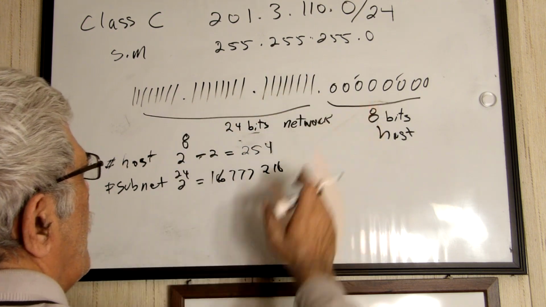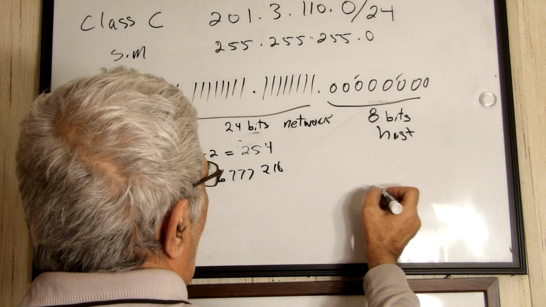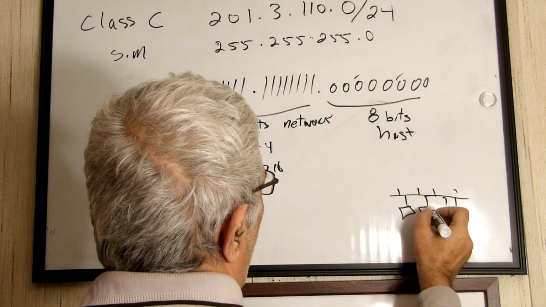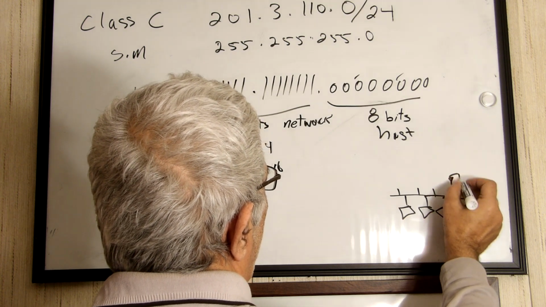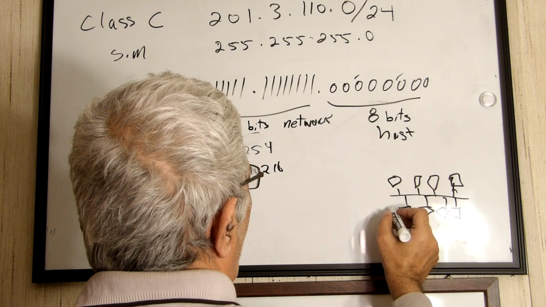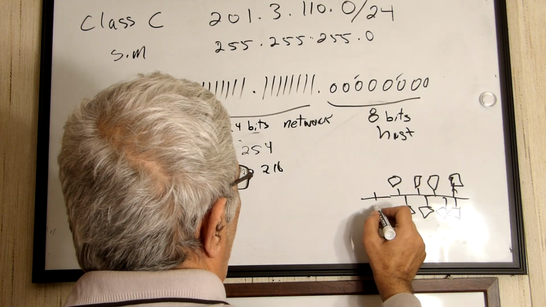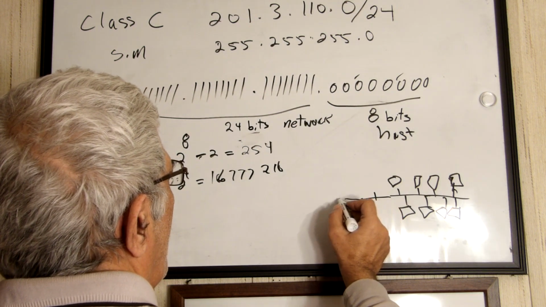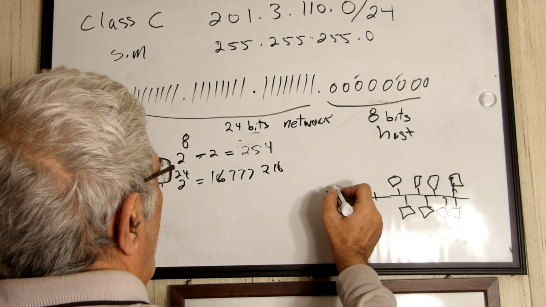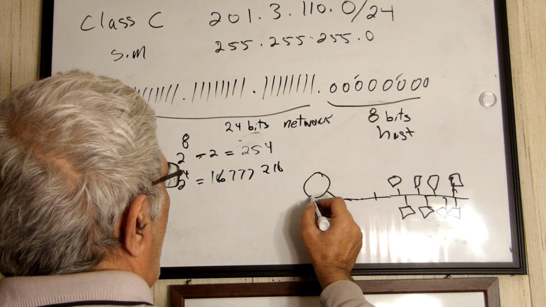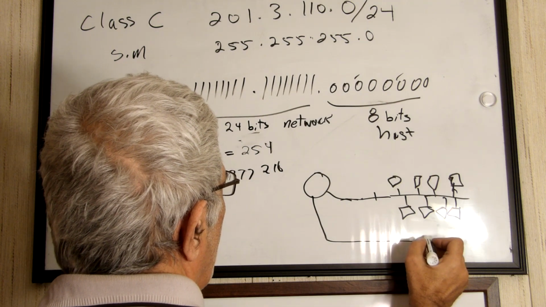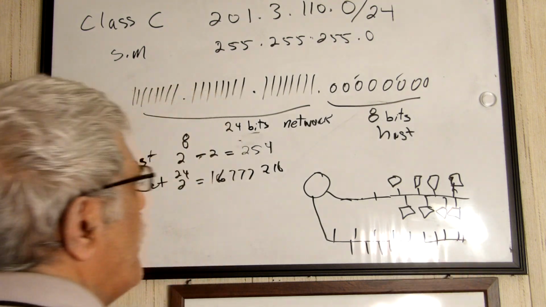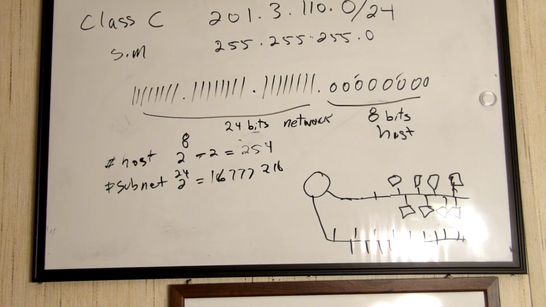When you have a lot of hosts, a lot of computers, and these are the hosts, and maybe there are many of them here, and all these are connected to a router, and here there might be another 100 of these hosts. So it depends on how many your company needs.